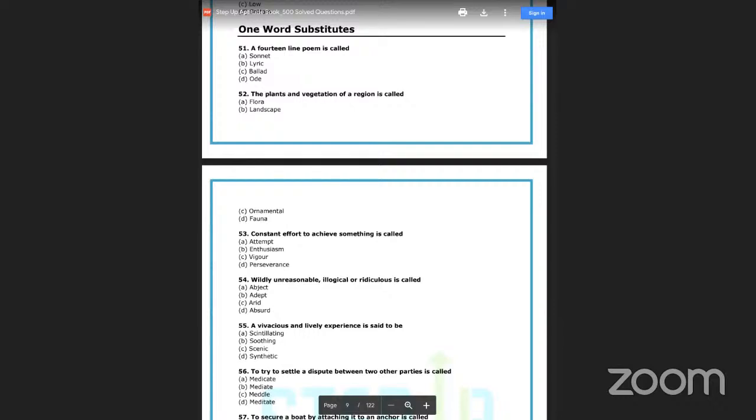A lyric expresses a person's personal feelings and thoughts. Okay, ballad. A ballad is a song or a poem that tells a story.